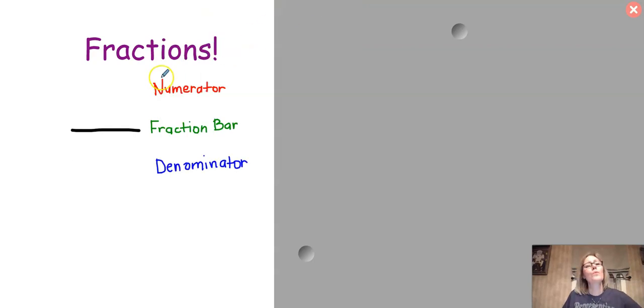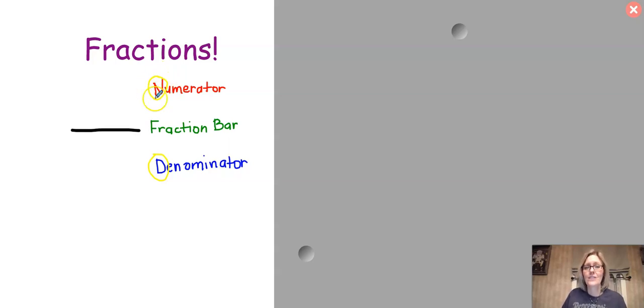And so some people remember numerator and denominator by remembering the N on numerator might remind them of north, and north is up. And then the D on denominator might remind them of down. Now, there's another way that people remember these two. They remember it with their body, and they say, my numerator is on top, and I can nod it.